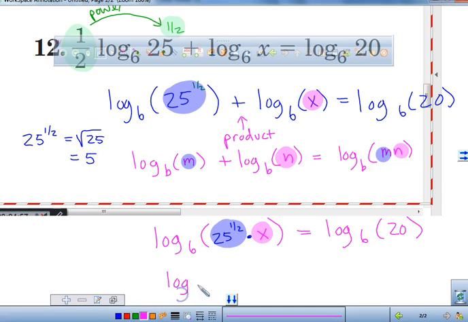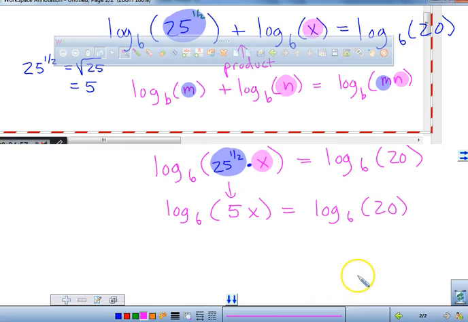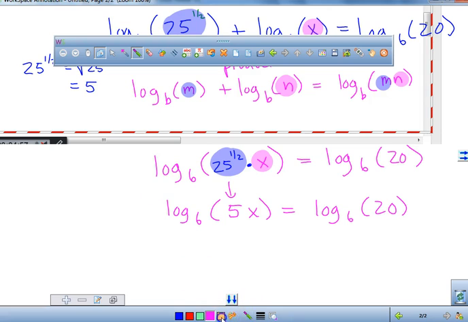We have log 6. What does 25 to the 1/2 evaluate to? 5 times x equals log 6 of 20. And now your brain should have this happy smile on its face at the end. Smile.